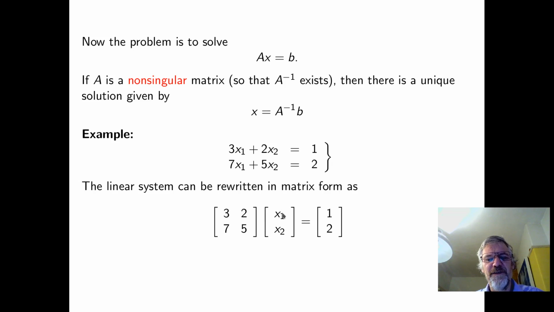Notice that the x's go in a column, and those x's are really the headings for the columns in the matrix. In other words, x1 goes with the 3 and the 7, and x2 goes with the 2 and the 5, which is partly how matrix multiplication works. The 3 goes with the x1 and the 2 goes with the x2.